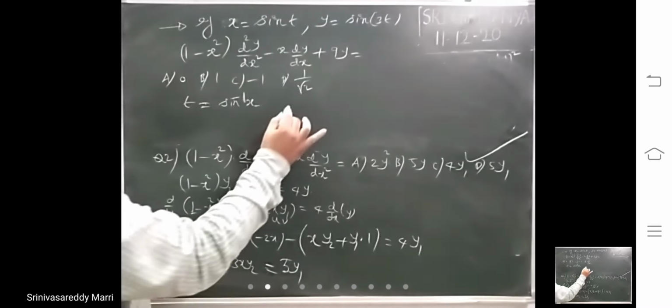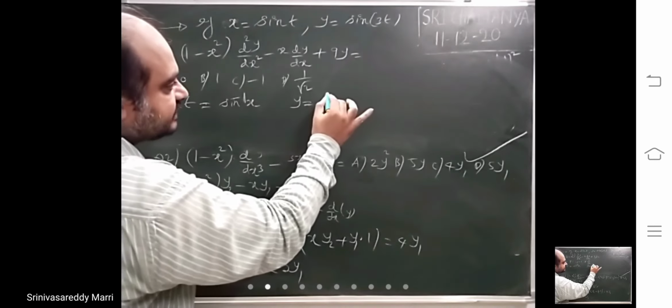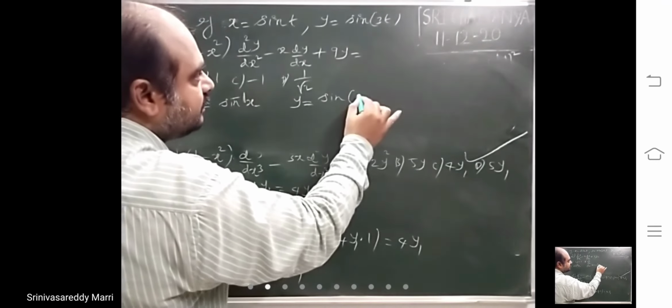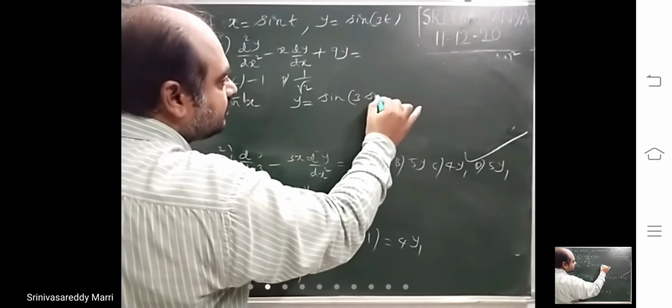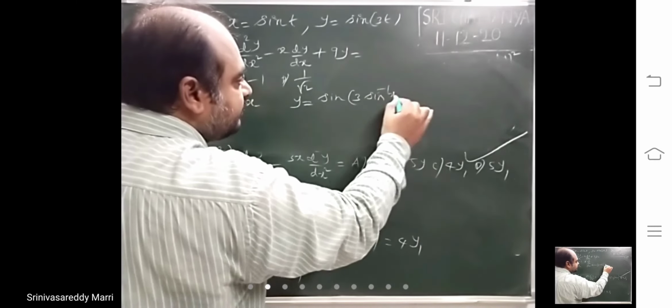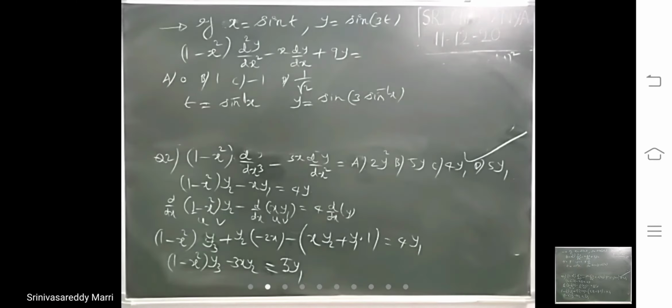Bring this to this side. That means y is nothing but, first approach, y as a function of x. y is nothing but sine of 3 sine inverse x.